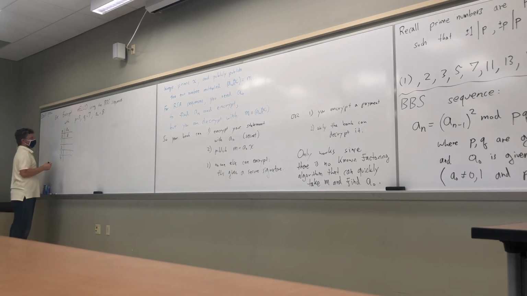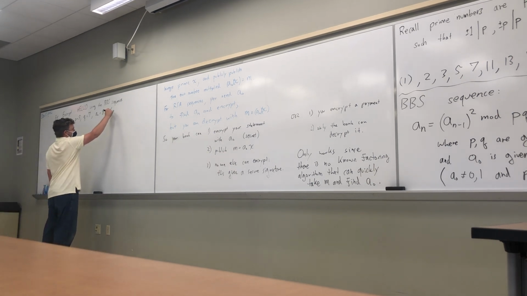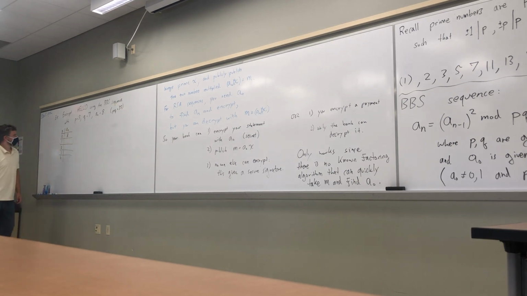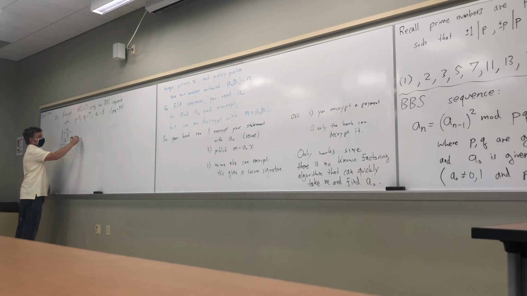Then the formula is to square it and mod it by PQ. P times Q is 35, so I'll just put that in parentheses. For A sub 1, you're supposed to take the previous term, which is 8, and square it and mod by 35.